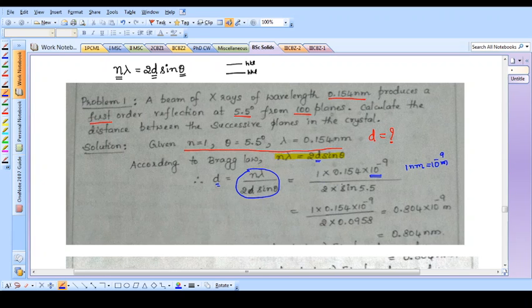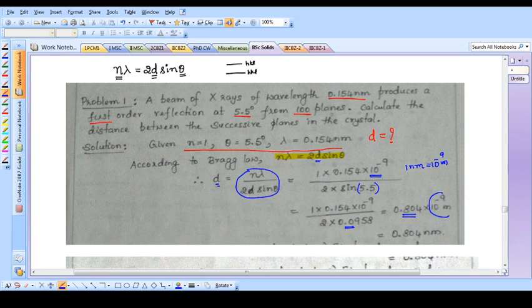Divided by 2 into sin θ, that is sin 5.5 degree. You have to use the scientific calculator. The value of sin 5.5 is 0.0958. So if you calculate, the answer is 0.804 into 10 to the power minus 9 meter.